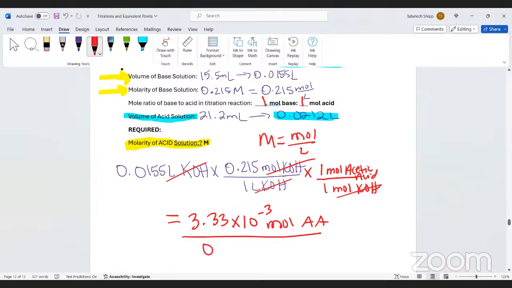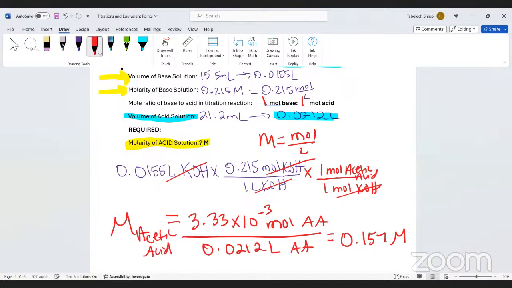So I'm going to put 0.0212 liters. Remember, moles of acetic acid per liters of acetic acid. Let's divide that and see what we get. Our final answer here is 0.157 molarity. That is the molarity for the acetic acid that we were asked to calculate.